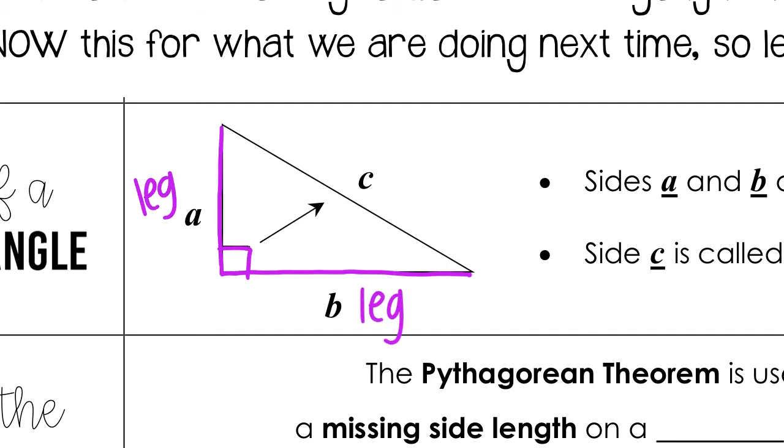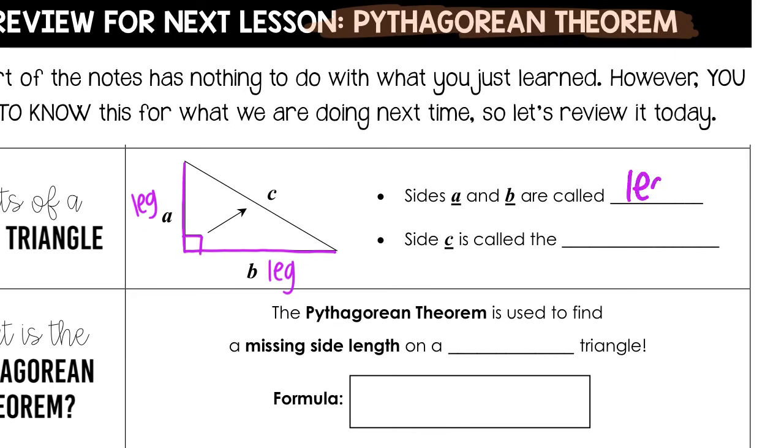So these are called the legs of the right triangle. And then the long side, the side that's always across from the 90-degree angle, that is called the hypotenuse. We learned about this when we were learning about HL, remember that? Yeah, this is the hypotenuse. It's always going to be this long side. It's across from the right angle here.